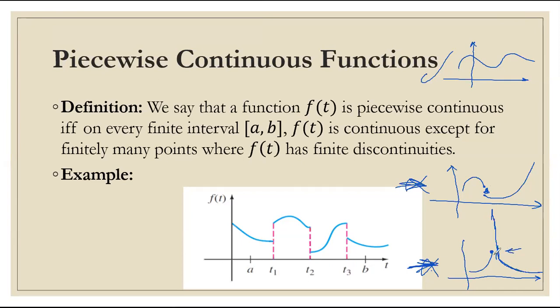Now, those two are discontinuous functions, but the first one is piecewise. Why is this one piecewise? Because the number of discontinuity points is finite, and the kind of discontinuity is a finite jump.